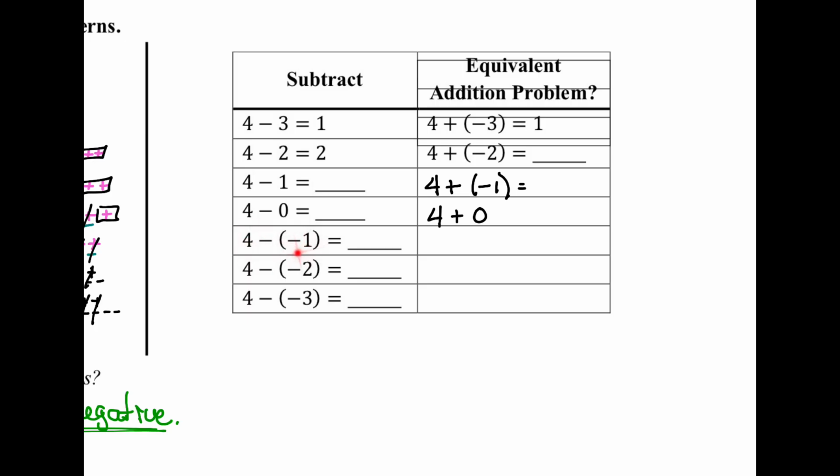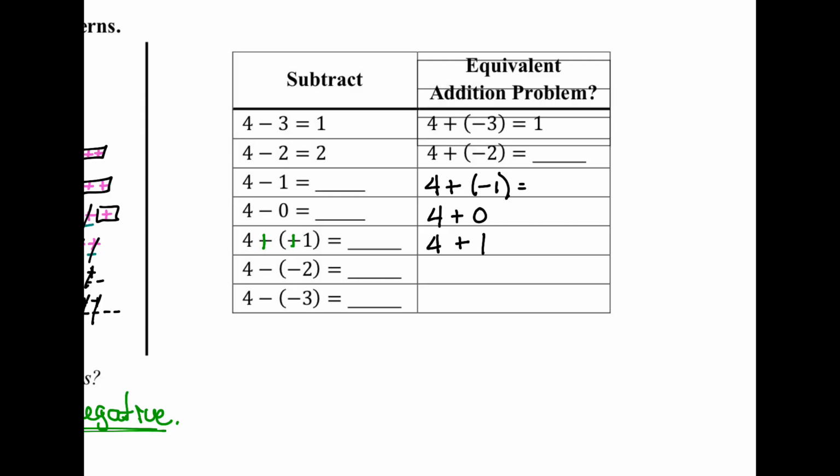Okay, so now here, I'm going to change this to add, and now I'm going to do a negative negative 1. Okay, remember a negative negative, or the opposite of the opposite, is a positive, right? So what this is going to be is 4 add 1, because I'm changing this to add, and I'm going to do a negative negative, which means those two change to positive.